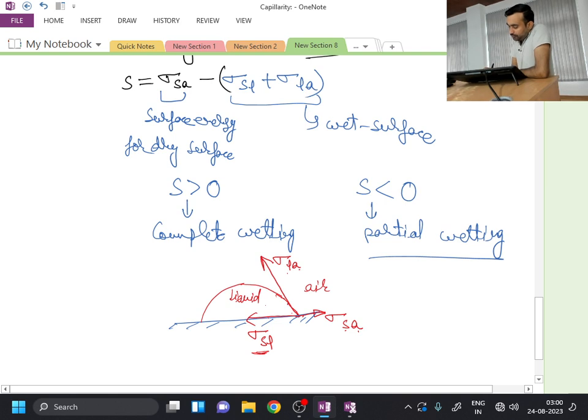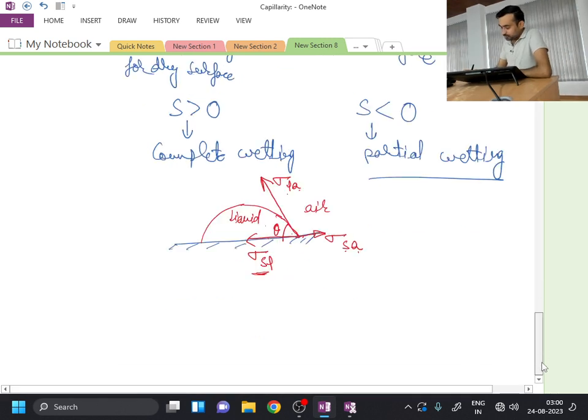So we know that the angle the surface makes from the liquid side is nothing but the angle theta, the contact angle. If you do a force balance in the horizontal direction, you will find that sigma SL plus sigma LA cos theta is equal to sigma SA.